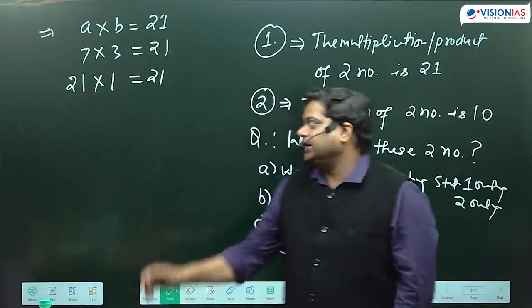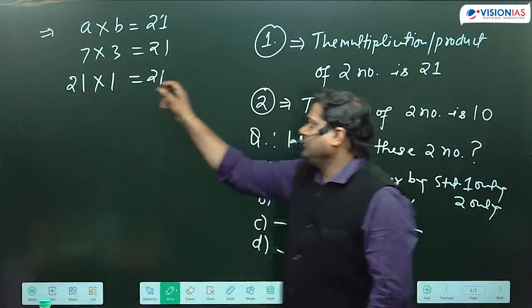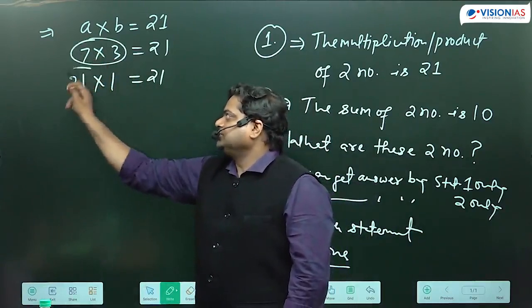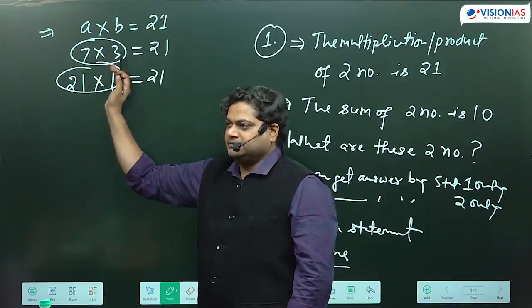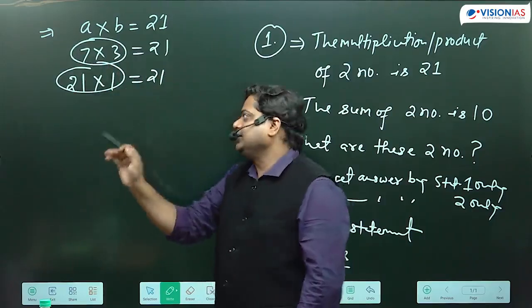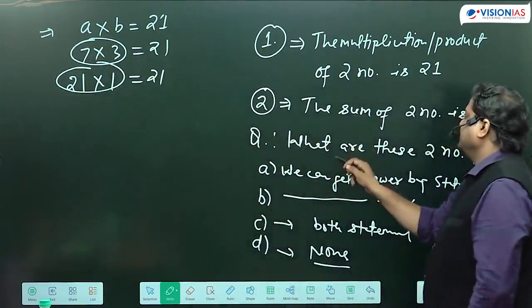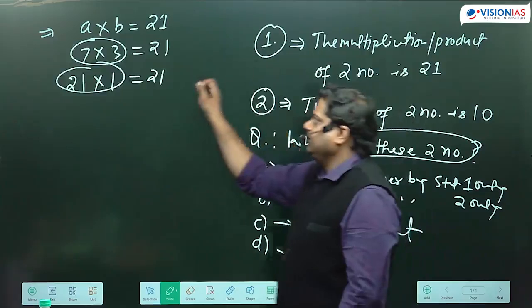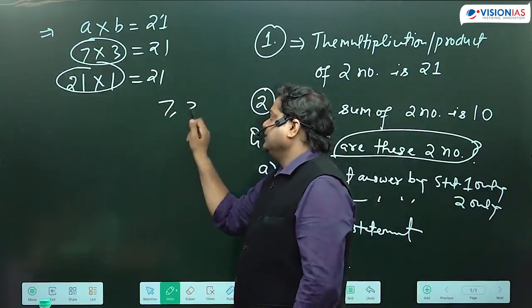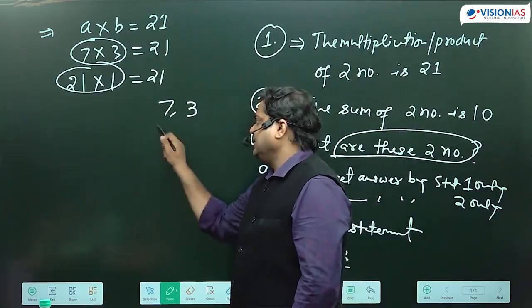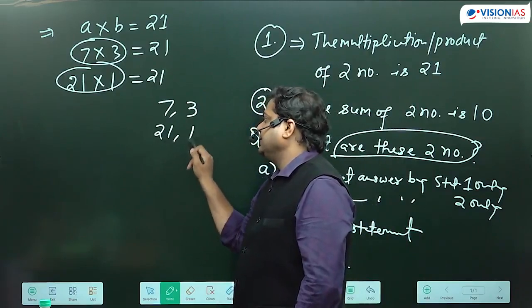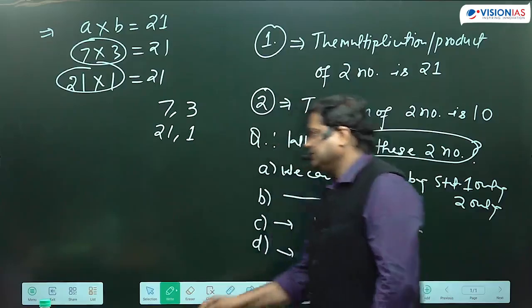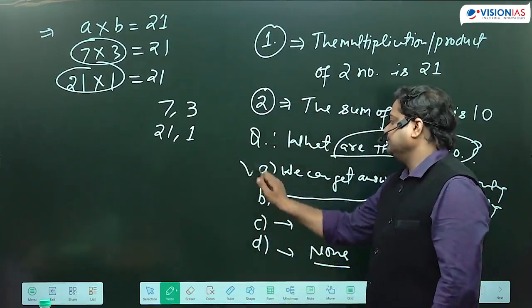That means with the help of statement 1 we are getting two such numbers, I mean two pairs, 4 numbers. The question asks: what are these two numbers? With the help of statement 1 we are getting one pair as 7, 3, another pair as 21, 1. So from statement 1 we are not getting the answer.